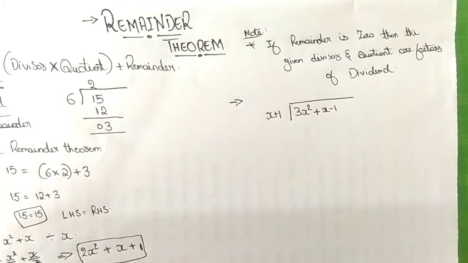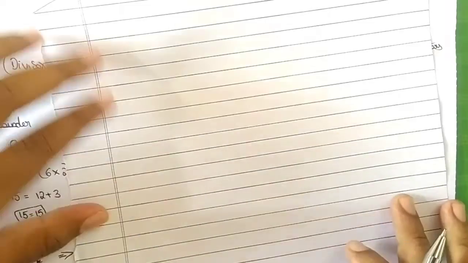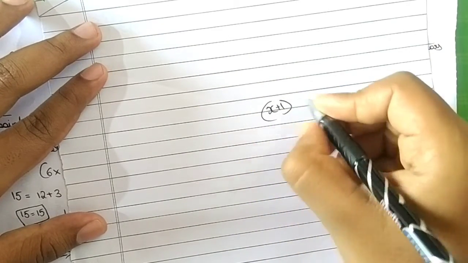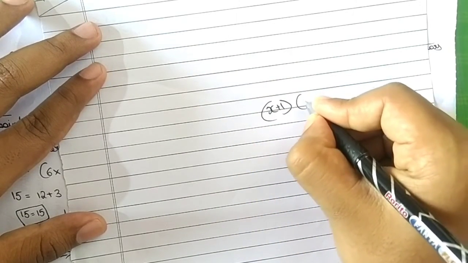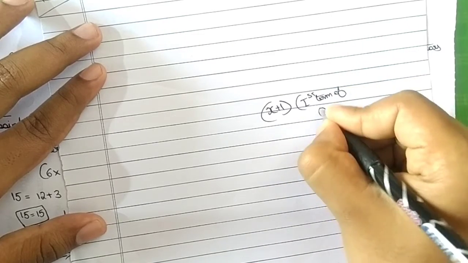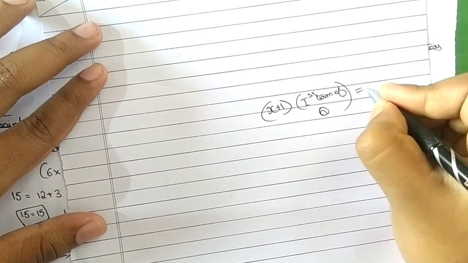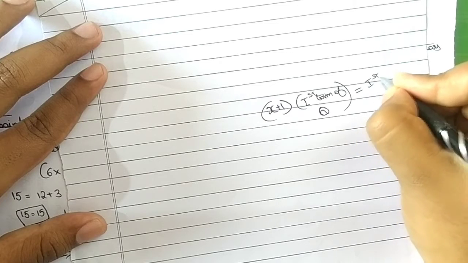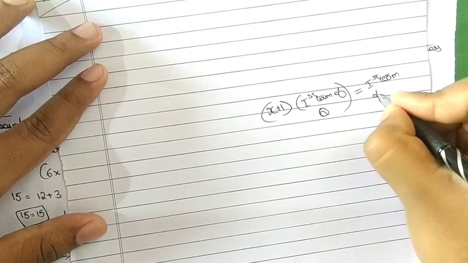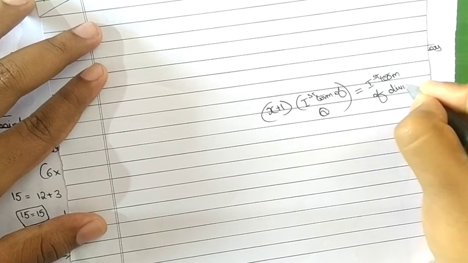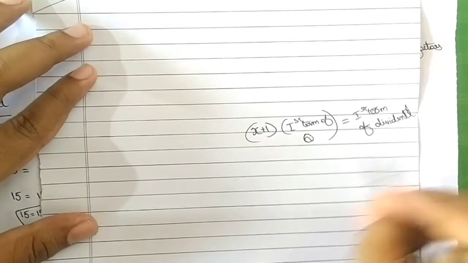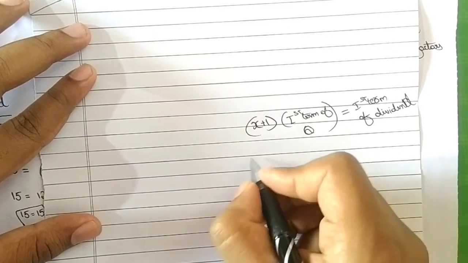Let me take a sheet. x plus 1, on multiplying with the first term of the quotient, should give you the first term of the dividend. This is what we need to do here.